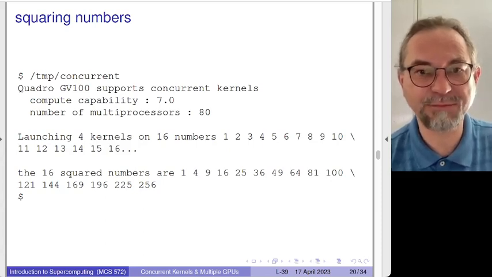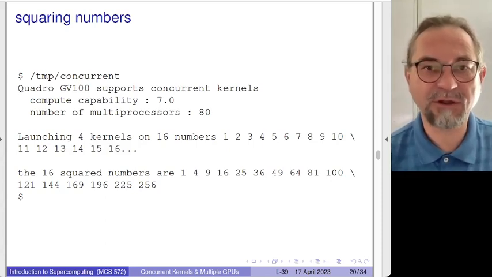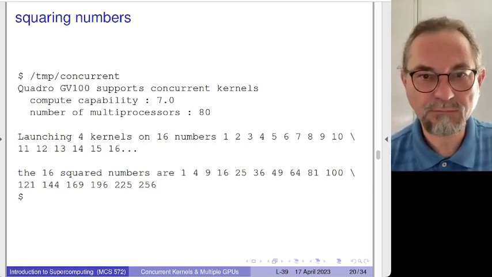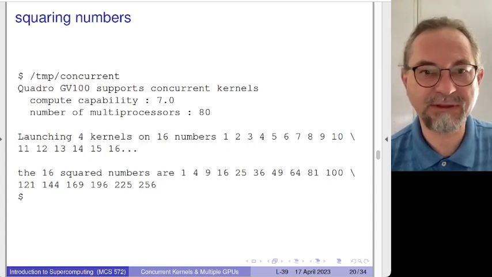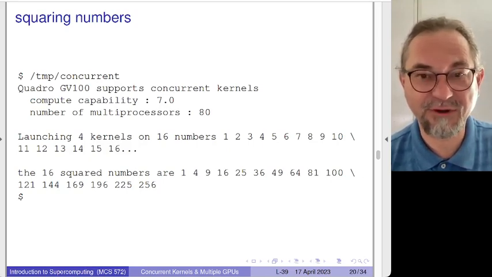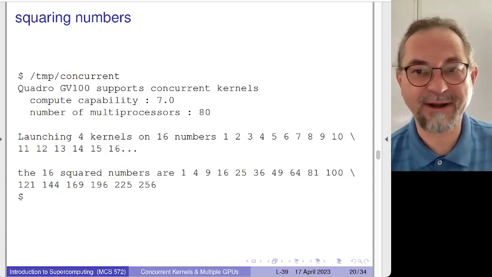Here you see the output. Indeed, my Volta 100 supports concurrent kernels. 80 multiprocessors, compute capability 7. I'm just squaring 16 numbers with 4 different kernels, and you see that the output is correct.